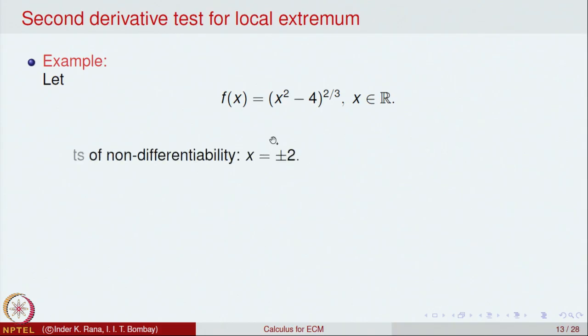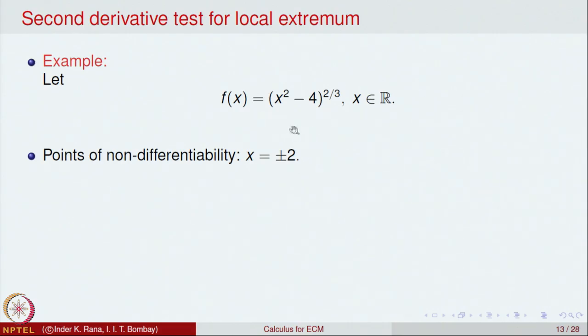The points of non-differentiability are x is equal to plus minus 2, because when x square minus 4 is bigger than 0, the function will behave differently than when it is less than 0. So, x square minus 4 equal to 0 gives the values plus minus 2.